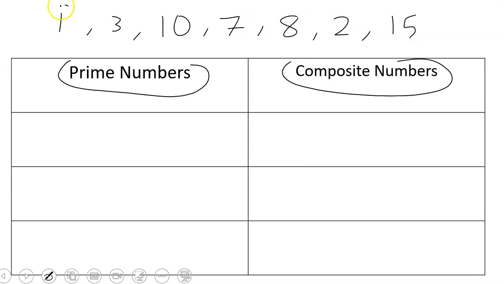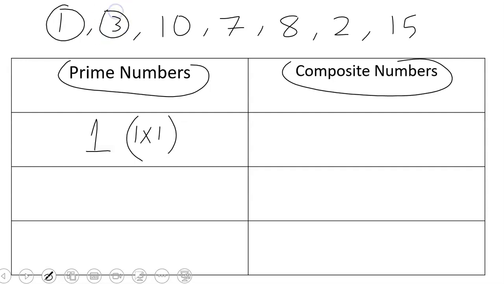So what do you think of number 1? Is it a prime number or composite number? For sure, it is a composite number, prime number, sorry. Why? Because you have only 1 times 1. No other factors to make 1.